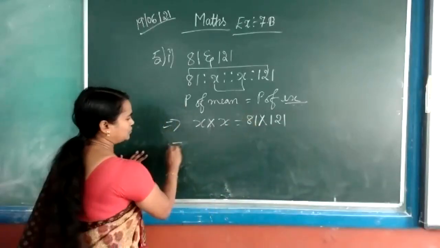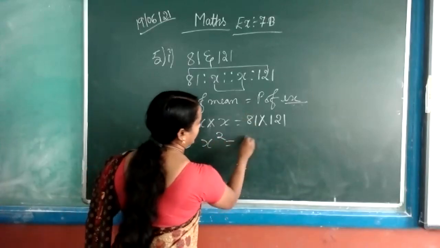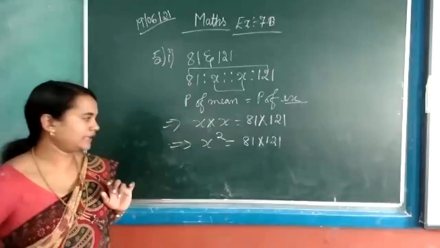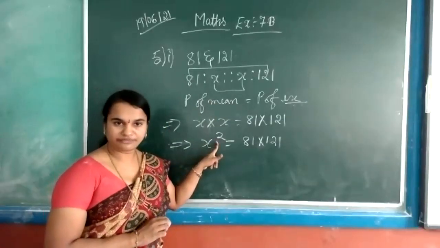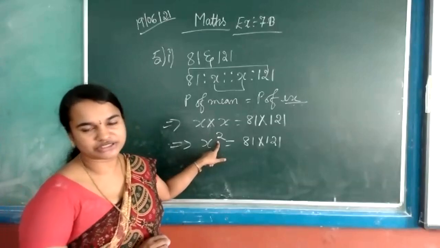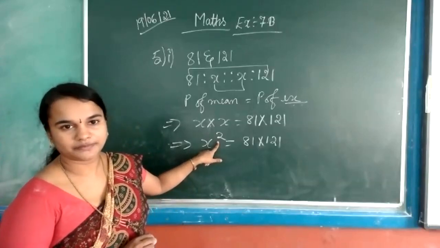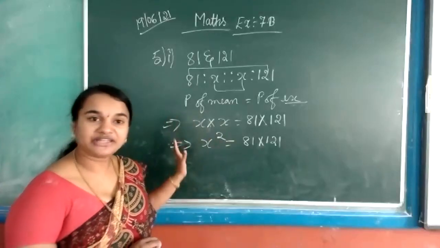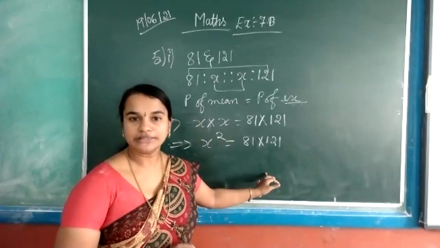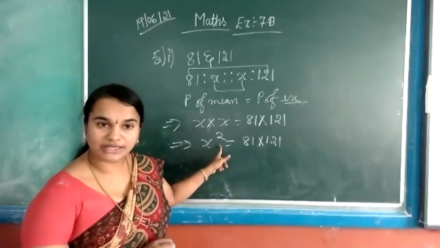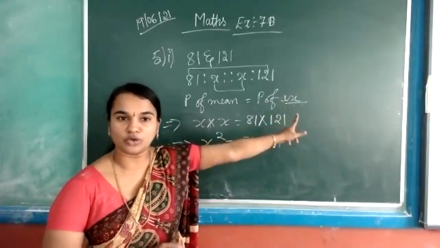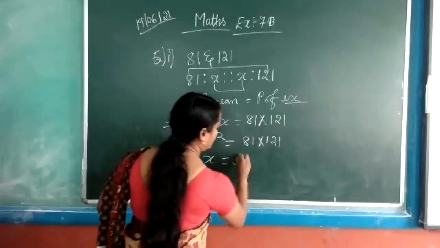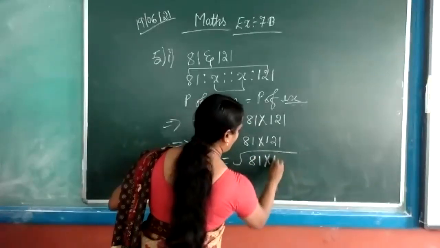So x square equals 81 into 121. Now the square: when we remove the square, if it is multiplication it becomes divide, but if it is a square, it will become under root. That means x equals under root 81 into 121.